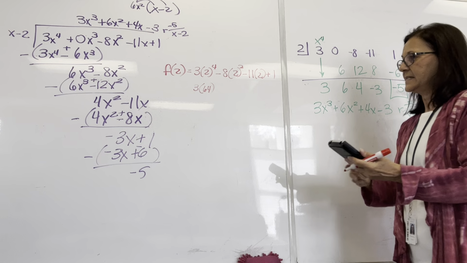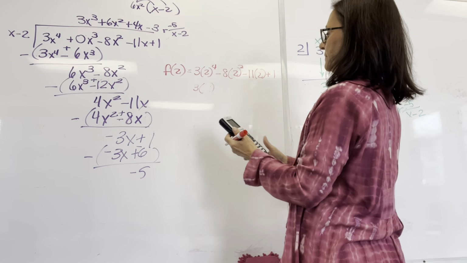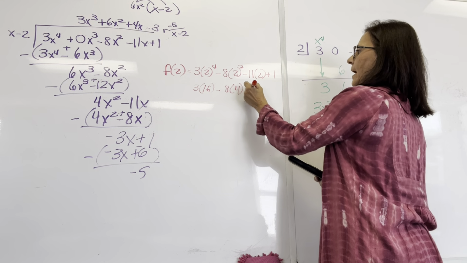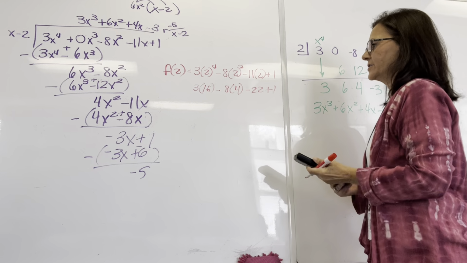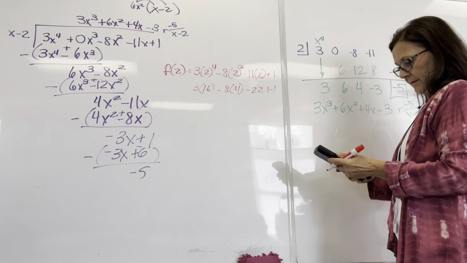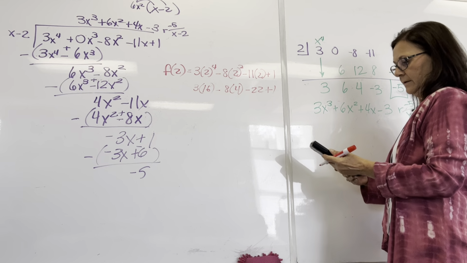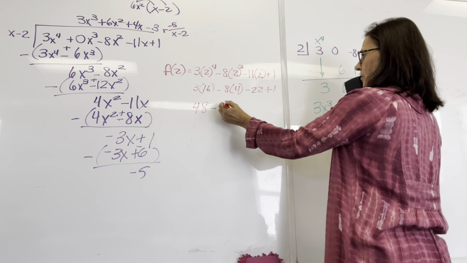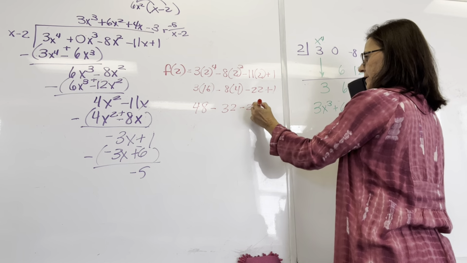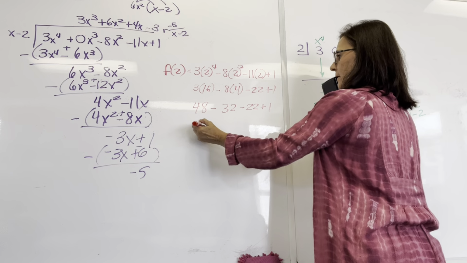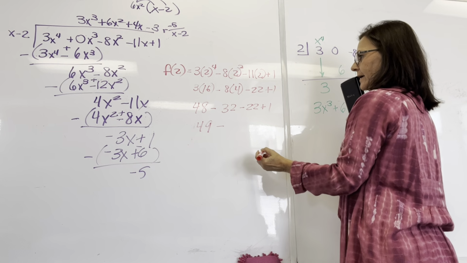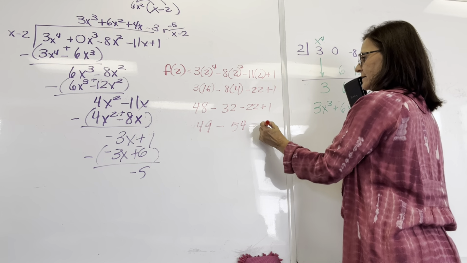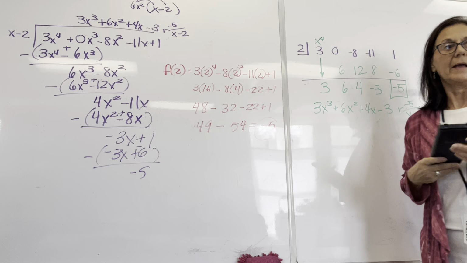So 8 times 4 is 32. Minus 2 times 2, minus 4, plus 1. All right, so do that. That's 48 minus 32 minus 4 plus 1. That's -5. Look at that. We got the remainder.